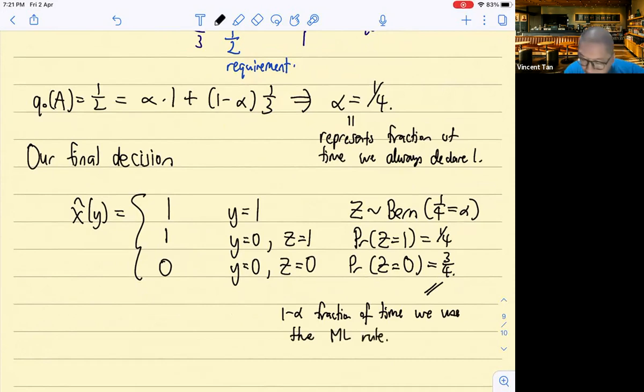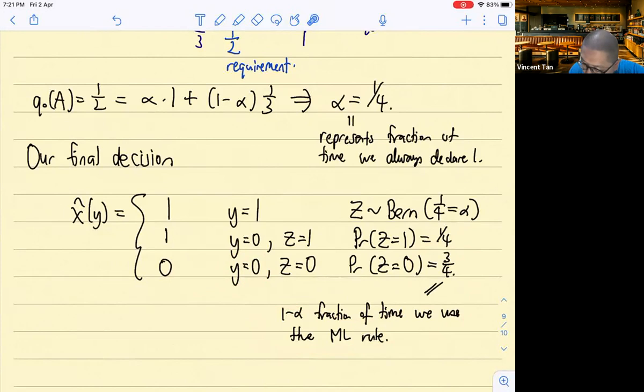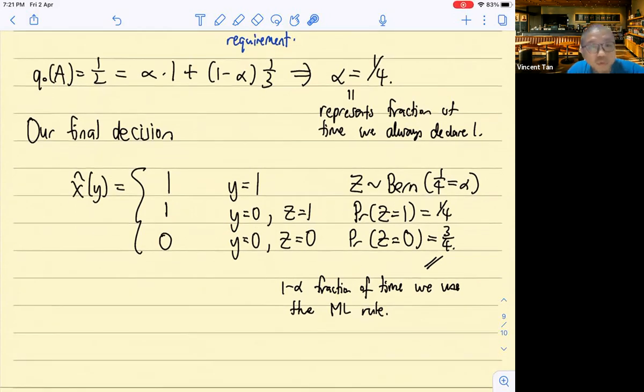So when we use the ML rule, if y equals 0, we say 0. And we use this 3/4 of the time. Now, in the remaining 1/4 of the time, we use the always-declare-1 rule. So I don't even look at this. I always declare 1. So this is the ultimate rule that we will use.